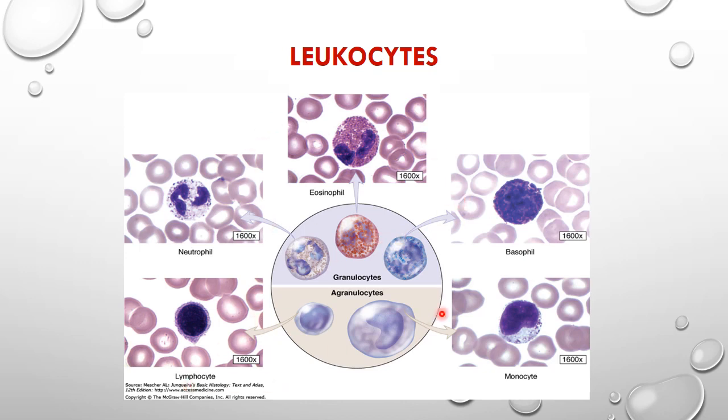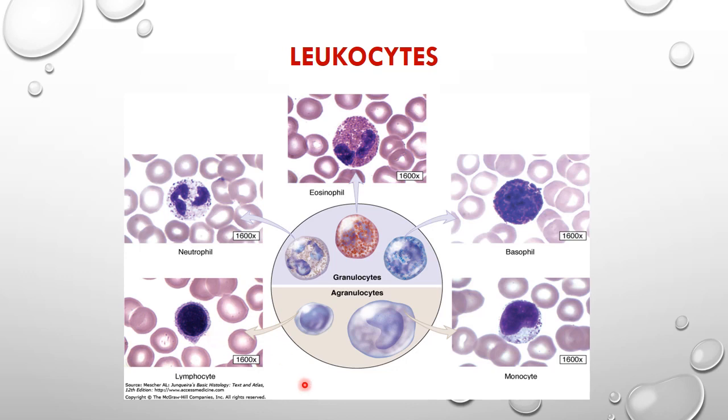Now the agranulocyte is the monocyte. You can see here the kidney-shaped nucleus in the monocyte, which is large with a large nucleus. And this is the lymphocyte. The lymphocytes are of various types. And in these lymphocytes, you can see the large central nucleus with just a rim of cytoplasm.